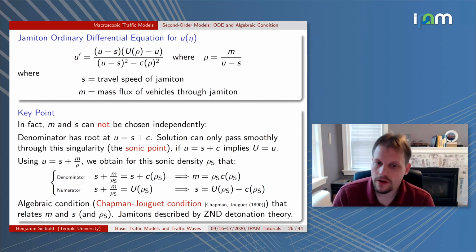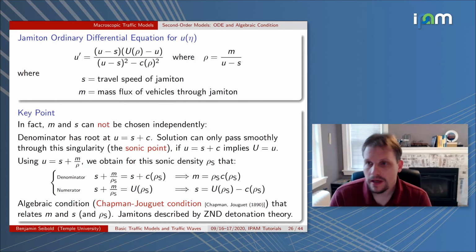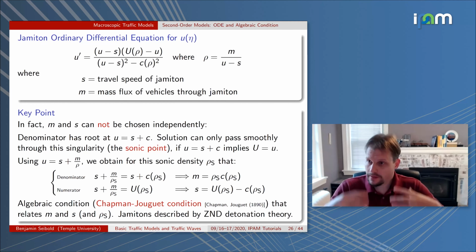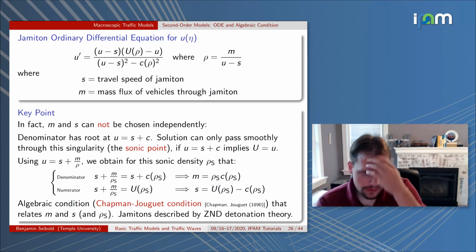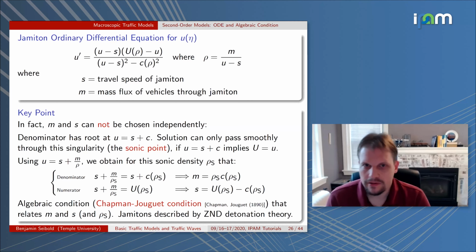And there's a lot of more interesting things, really interesting structure that can be studied here. I'm going to leave it like this here because I want to give you a glimpse. There's more in the literature that can be found about this, but the main point is that these dynamic instabilities in traveling waves can actually be captured by second-order models, macroscopic second-order models, and we can even very nicely understand these traveling wave solutions.